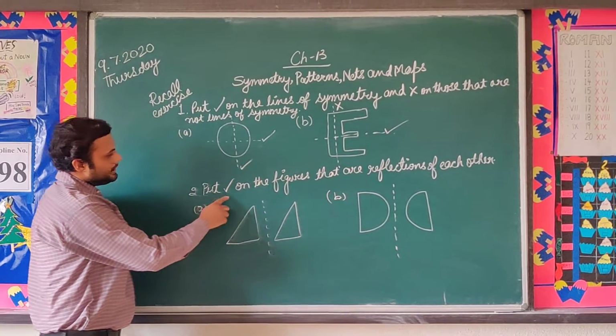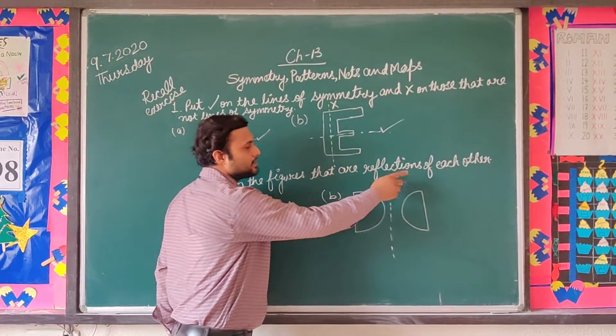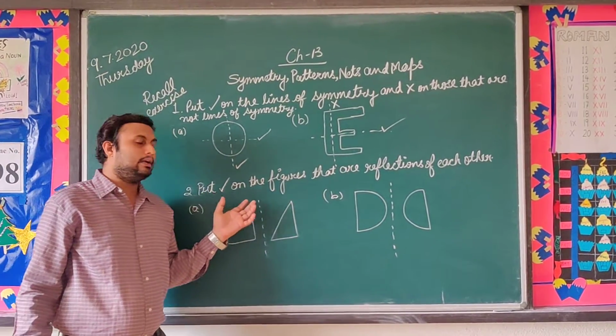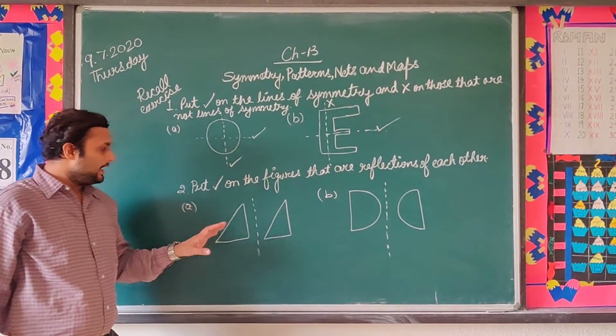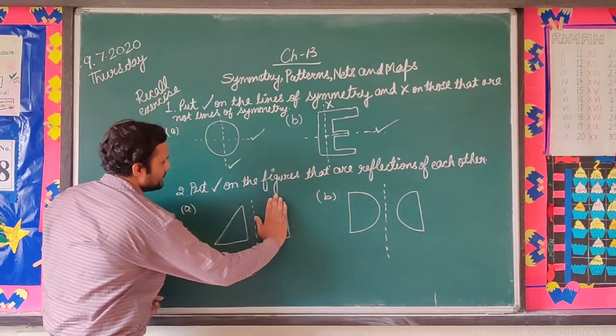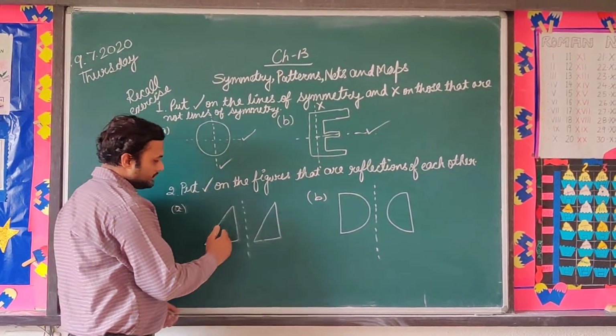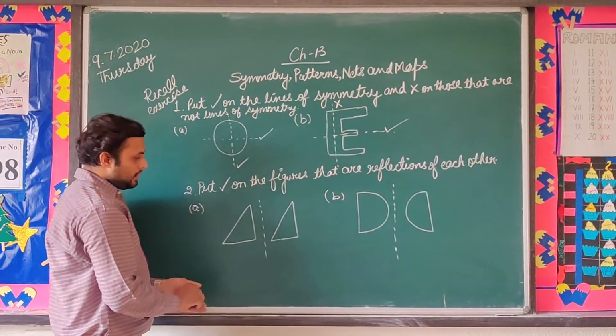Second, put right on the figures that are reflections of each other. You had this in your earlier classes, now we are recalling it. Suppose this is the figure and this is the mirror, how will this image's reflection be put here?